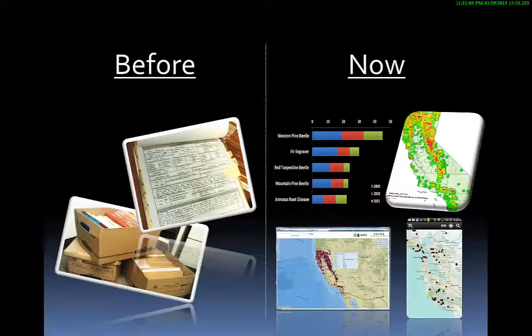Not only the tabular information, but also the geographic data set, which we can very easily and quickly make use of to develop all kinds of interesting products. It's probably fair to say we've come a long way.